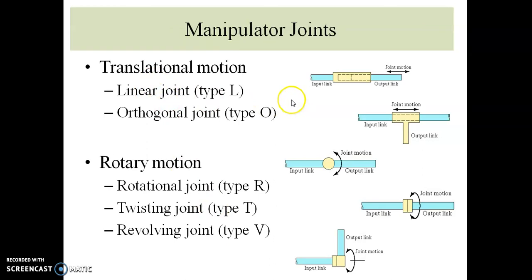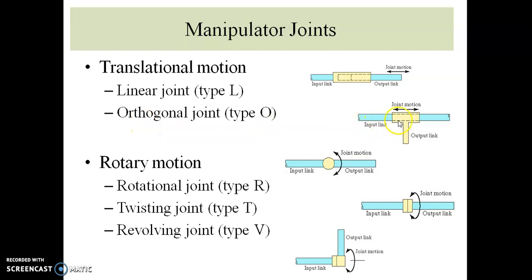Translational motion. To get linear or translational motion, we have the linear joint. This is the sketch for the linear joint. This is the input link and this will be the output link. With the help of this, we get the in and out motion for the joint.